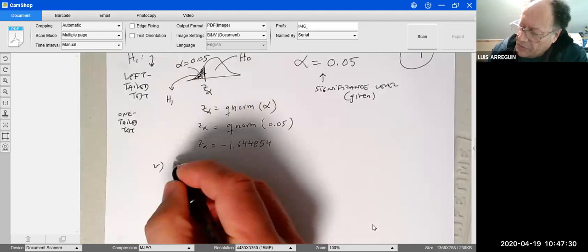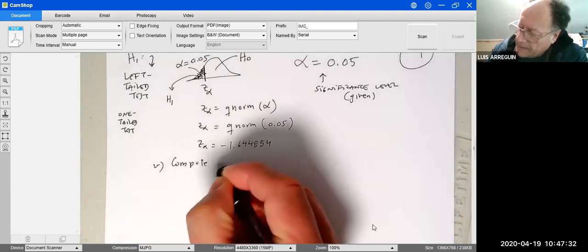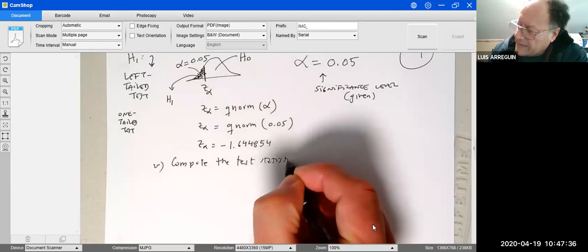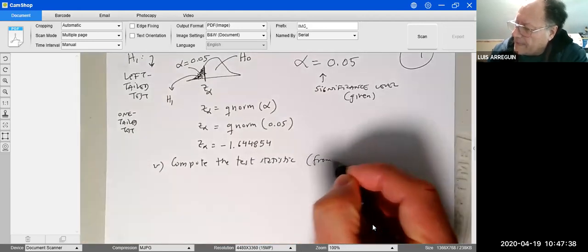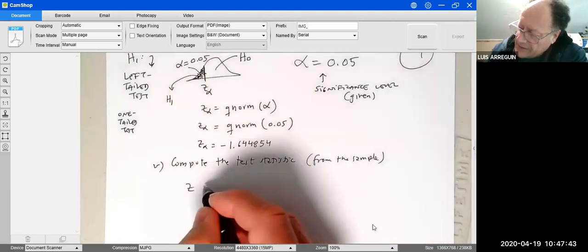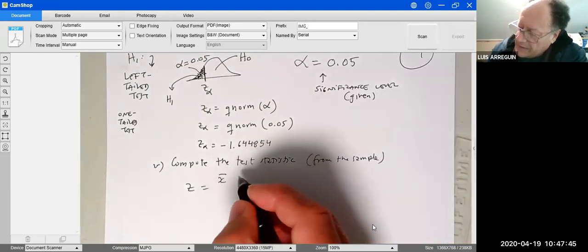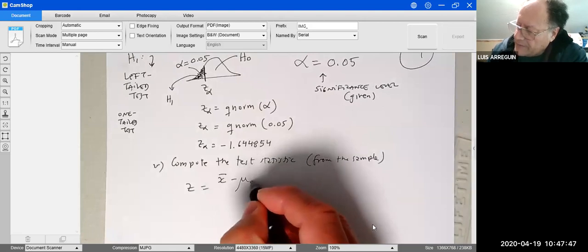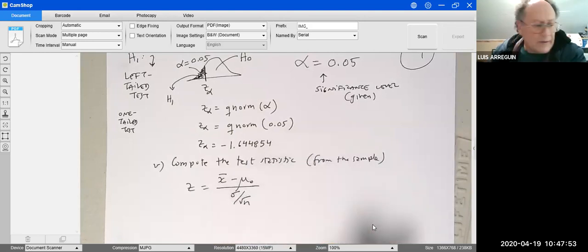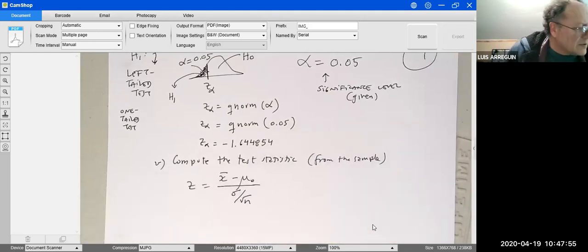We're gonna compute the test statistic from the sample. So we're gonna use Z, the mean minus the mean from the null hypothesis over sigma over the square root of n. So what are these values?